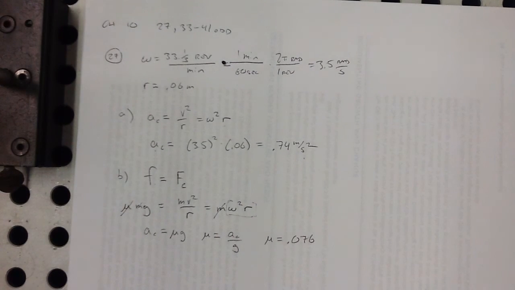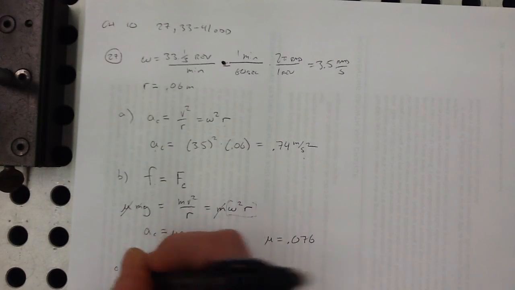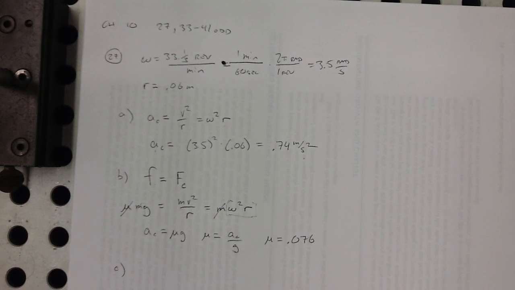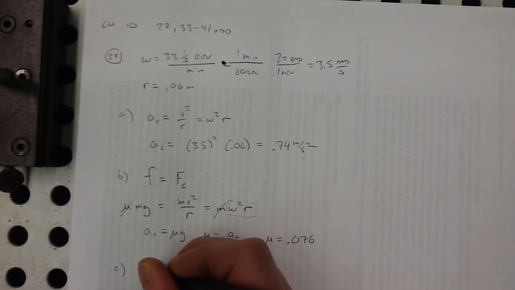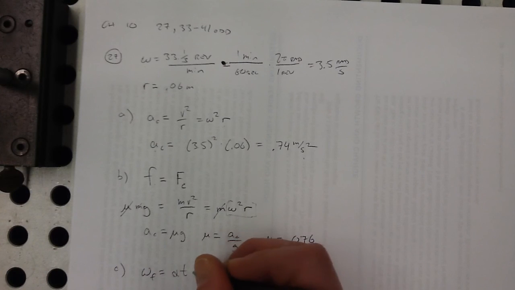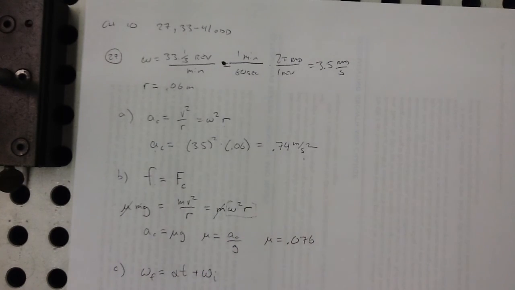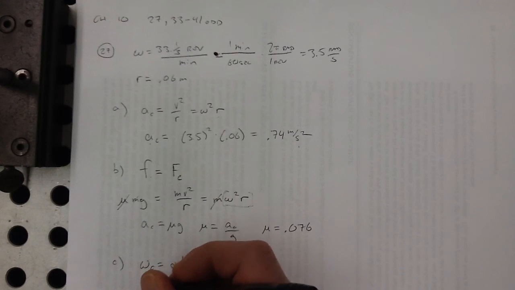And then in part C, now it's going to accelerate starting from rest and then undergoing a constant angular acceleration for 0.25 seconds. So I'm going to use the equation right here. So I know that my final angular speed is 3.5 radians per second, right?